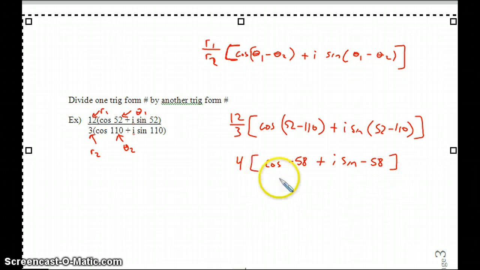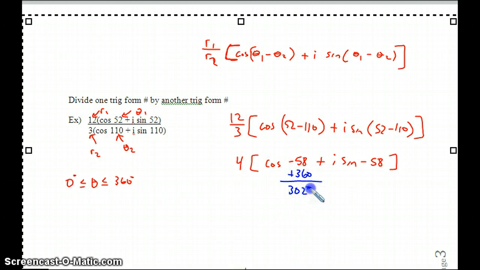Now one thing I want to remind you of is that your theta must always be between 0 and 360 degrees. In other words, one time around the unit circle. This is not one time around the unit circle, so find the coterminal angle with that. The coterminal angle would be when I add 360 degrees to that, so that would end up being 302 degrees.